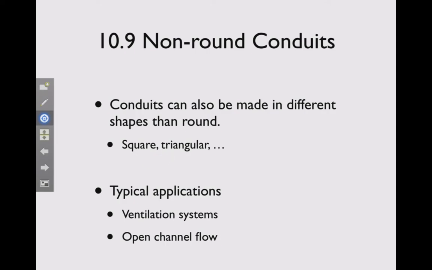Examples that you may have seen are square or rectangular ventilation systems in buildings. If you've ever looked into the ceiling of an office building, for instance, you see these sheet metal ventilation tubes, conduits that are usually rectangular, or open channel flow. Some good examples are irrigation channels that you may have seen, and those may not even be rectangular.